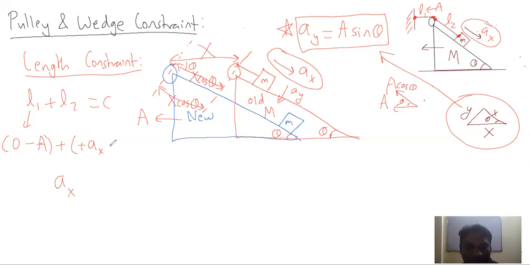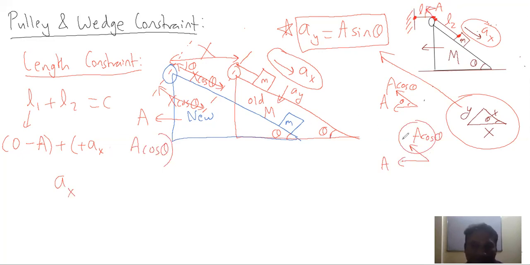So what will be the case? In this case, we will have A cos theta. What will be the sign of this A cos theta? As I already told you, acceleration is A, its component is A cos theta. Now that leads to increase in length of L2, because A cos theta is in this direction, up the incline.